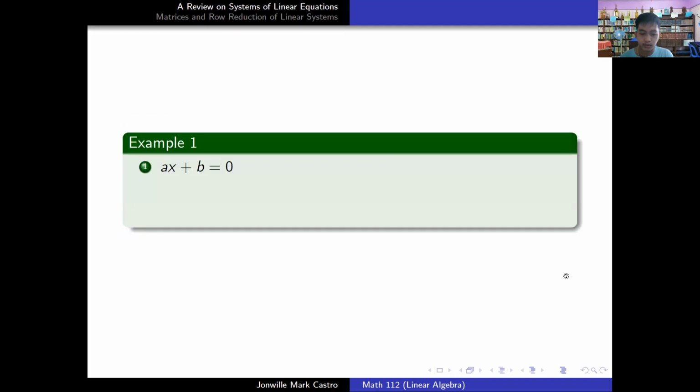So for example, we have ax plus b equals 0 is an example of a linear equation of one variable. We have linear equation in two variables and linear equation in three variables.